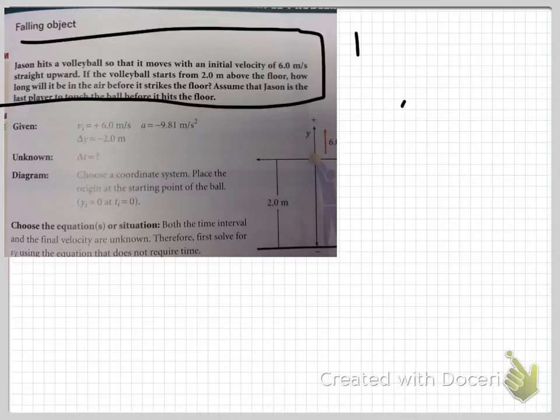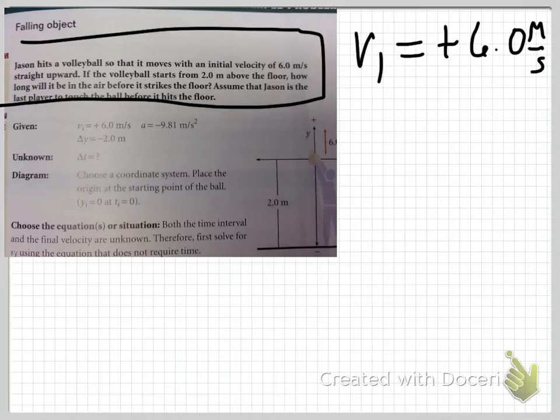The first thing we're going to do, obviously, is list all of the variables that we've got. We have a vi, and I'm going to put the plus sign in there just as a little reminder to self, of 6.0 meters per second. We have a delta y. What's our delta y?